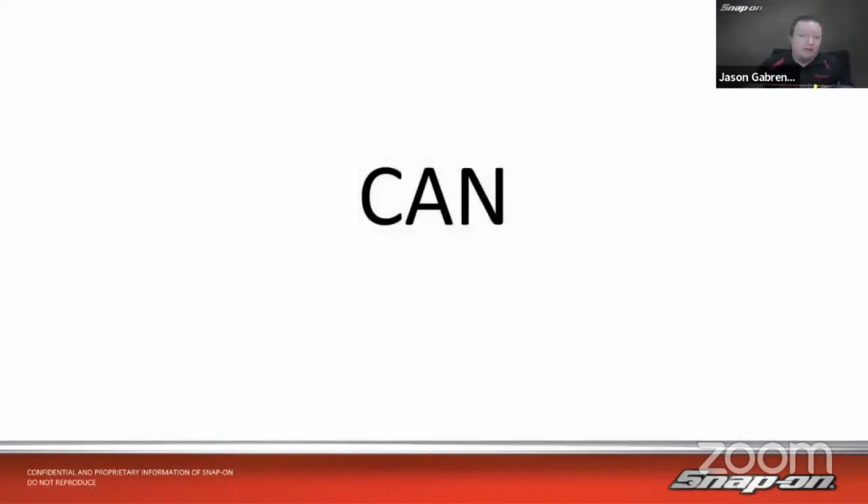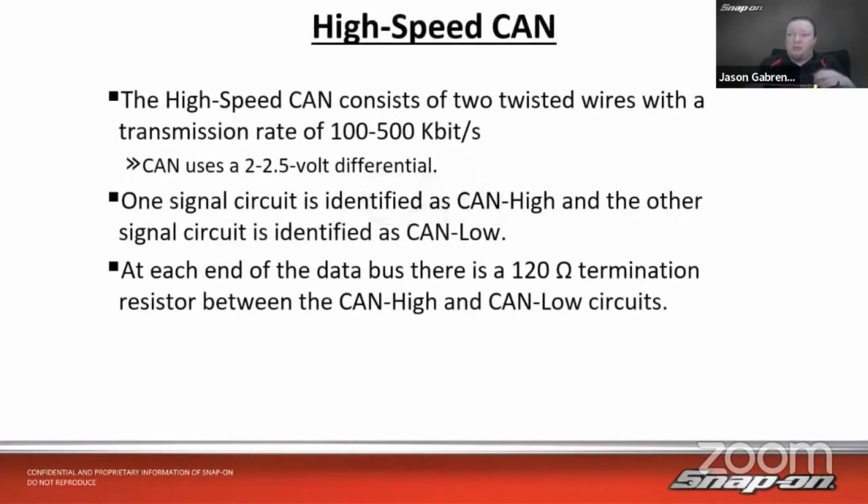How about CAN? We'll talk a little more in detail about CAN when we go live on the tool. But you need 2 channels in order to test CAN accurately. High-speed CAN is 2 twisted wires, transmitting data at a rate of about 100 to 500 kilobits per second. It's been around since 2006.